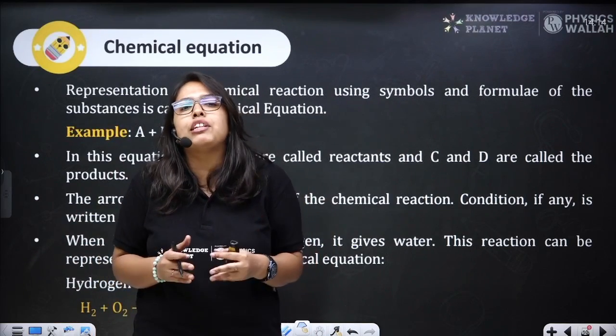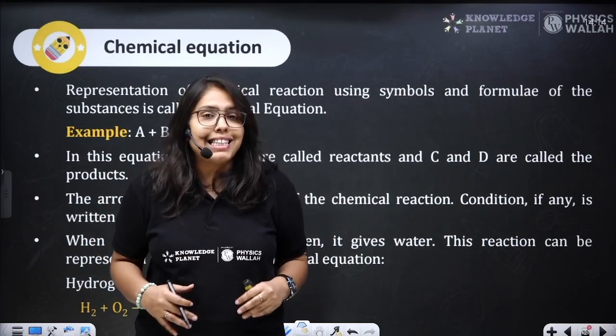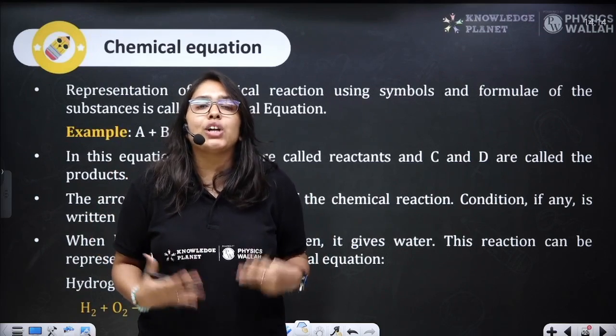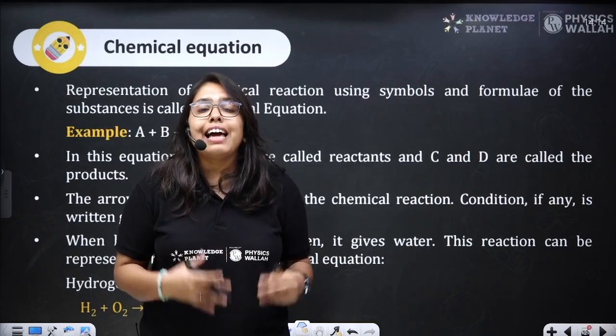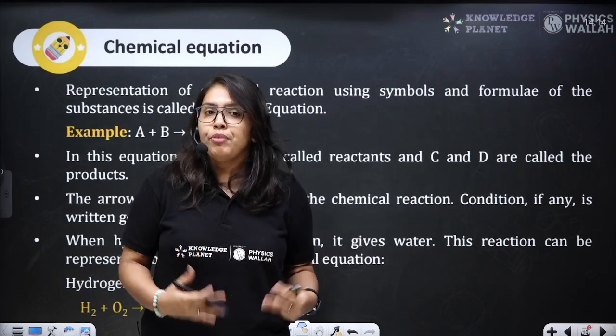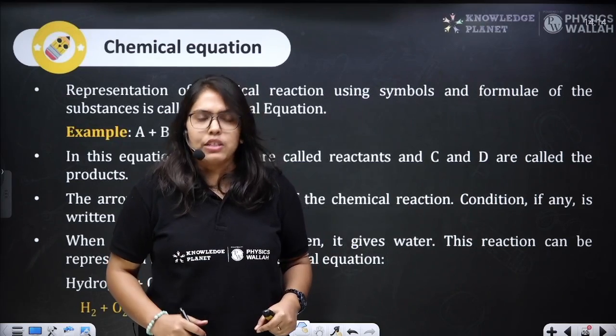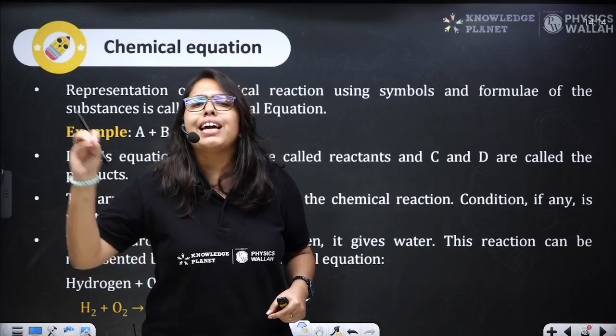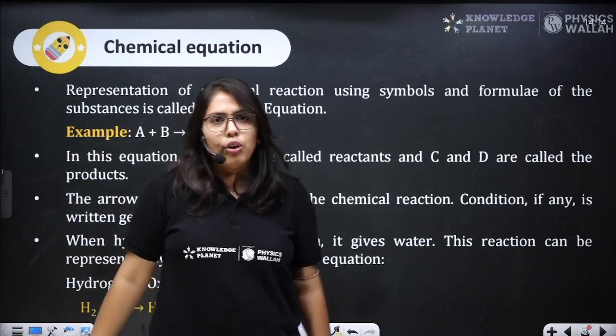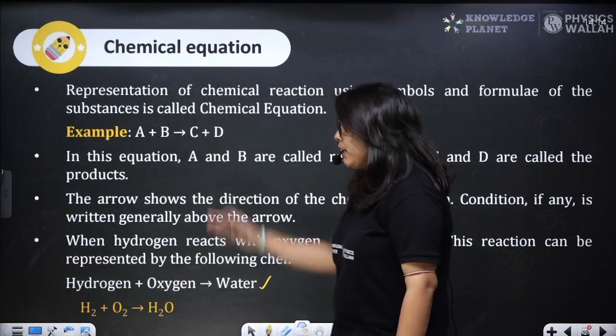The only difference between these two is that in chemical equations the elements and compounds which are reacting and the products which are forming are written in their respective formula, whereas in word equations we write their names. All right, so that's about chemical equations.